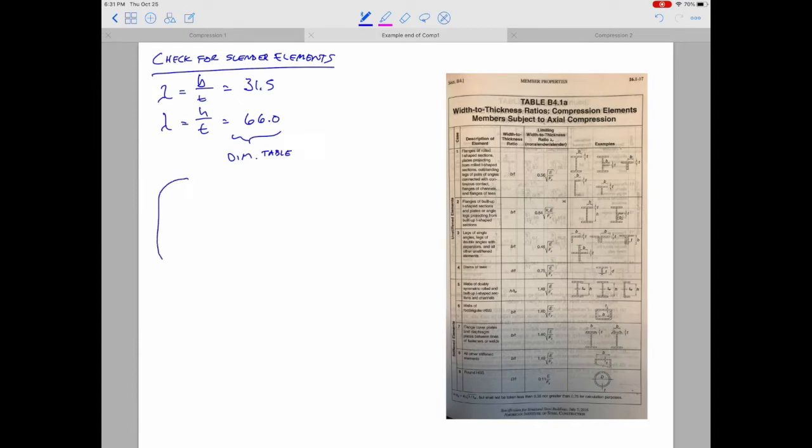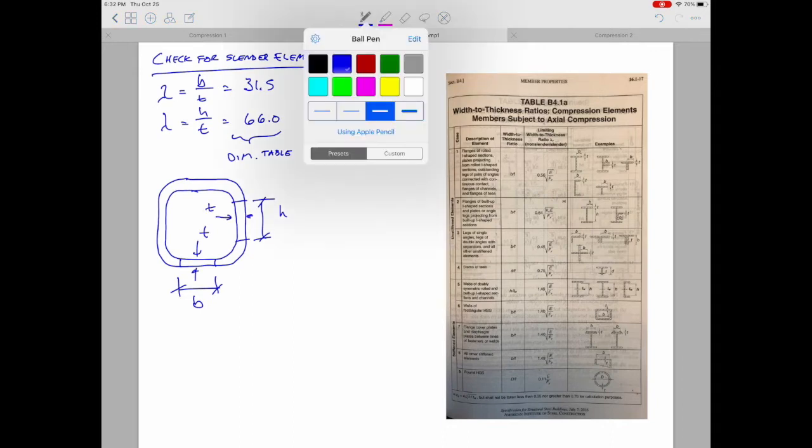And I'll just point out, right, I'm really exaggerating this radius for the sake of pointing out the fact that this is what we were really after, right? Look down here in this table. This is what we're after. This is our H, and this is our B. This is our T, of course. And what am I pointing out, the difference?